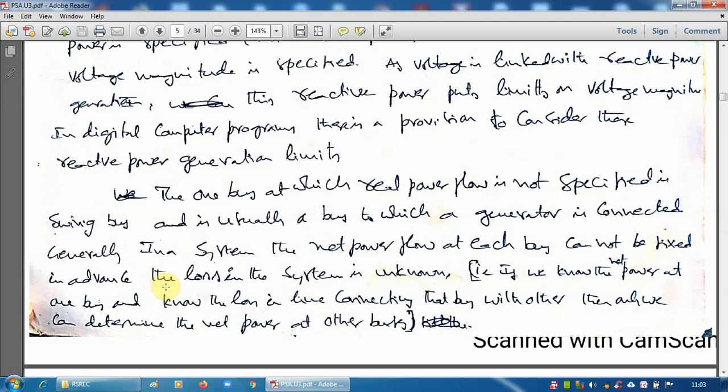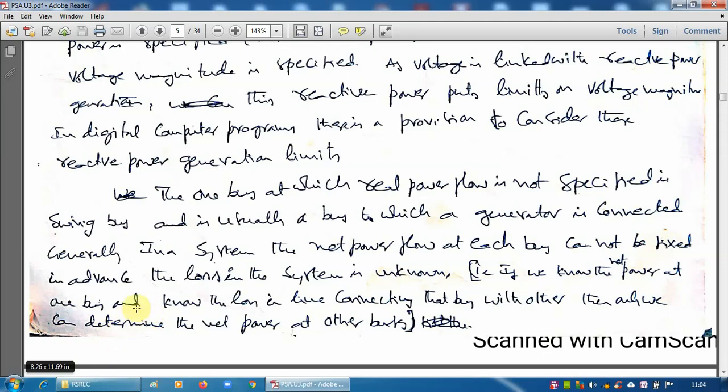Why we don't specify real power here is, this real power at all the buses cannot be determined in advance. That means before completion of the load flow problem, we cannot calculate the total real power at all the buses. Or in other words, we cannot calculate the real power loss in the system without calculating the powers in all the buses or all the lines.